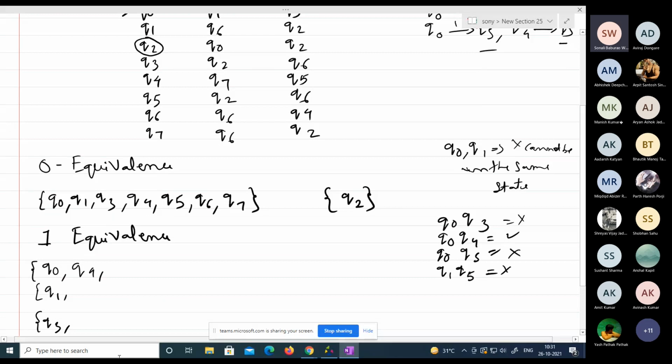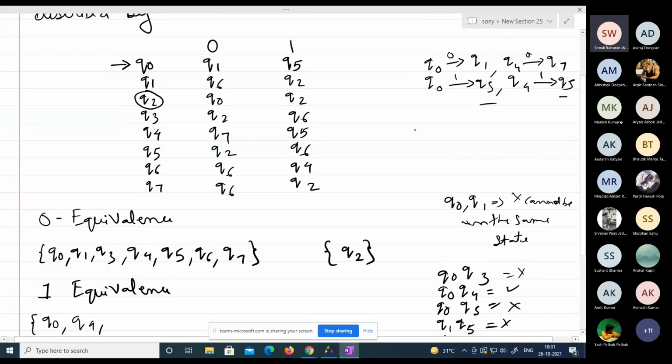Now we will see another group for Q3. Let's see whether Q5 can be placed with Q3. Tell me, do they have any similar values? Q3 on 0 is giving me Q2.